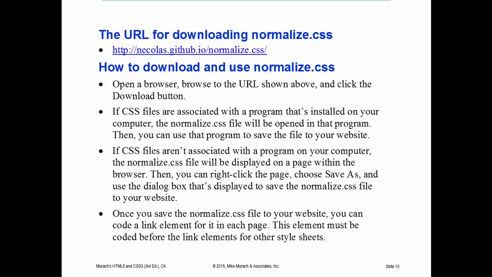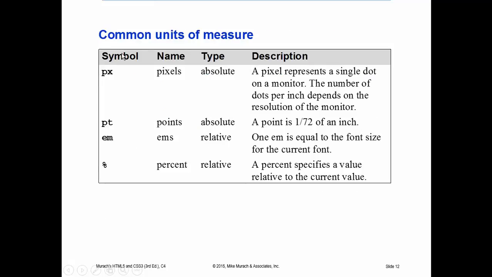Normalize.css. Let's take a look at that file and literally just see what that file is. So I don't know if I can click on the link or not. It doesn't look like it, so let's do this.